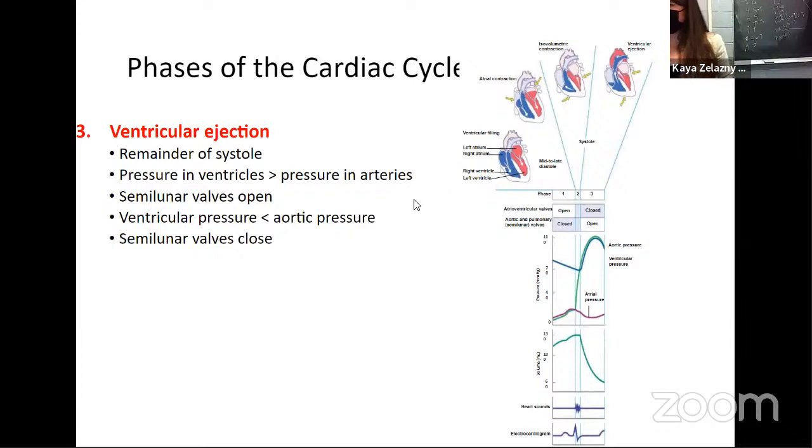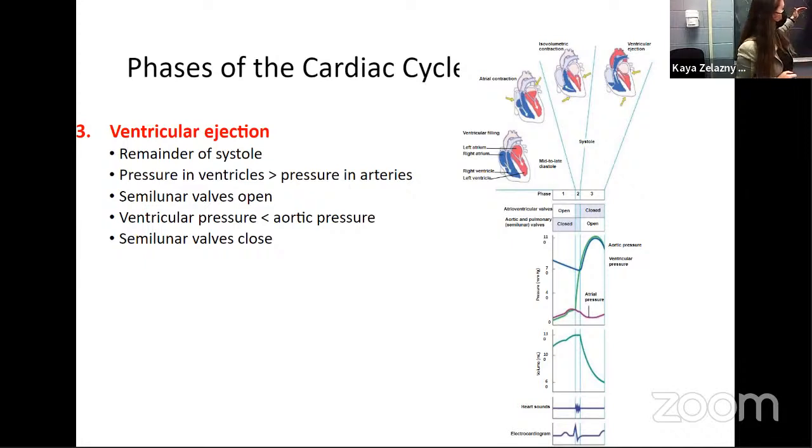So as we move towards our fourth phase, we are going to see that as we have less and less blood, as we're squeezing out all that blood, at the end of this phase, that ventricular pressure is going to start to drop because pressure comes from this relationship between how much volume you have inside something, in this case how much volume of blood, versus how much space there is.